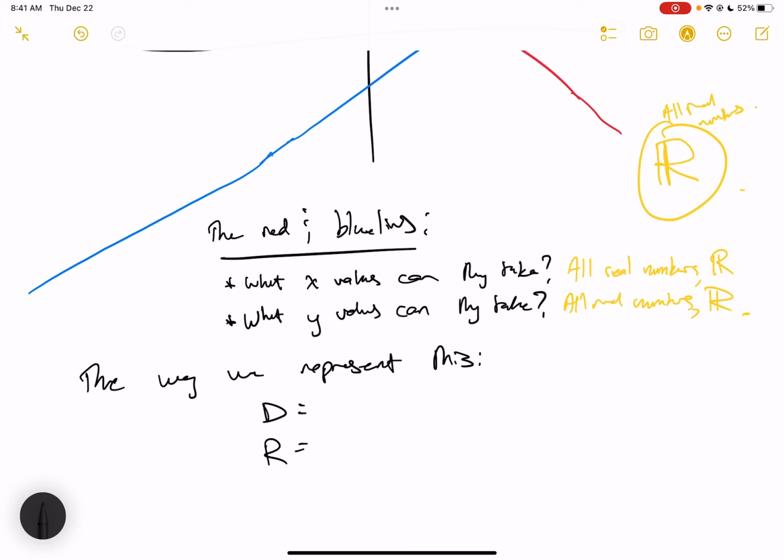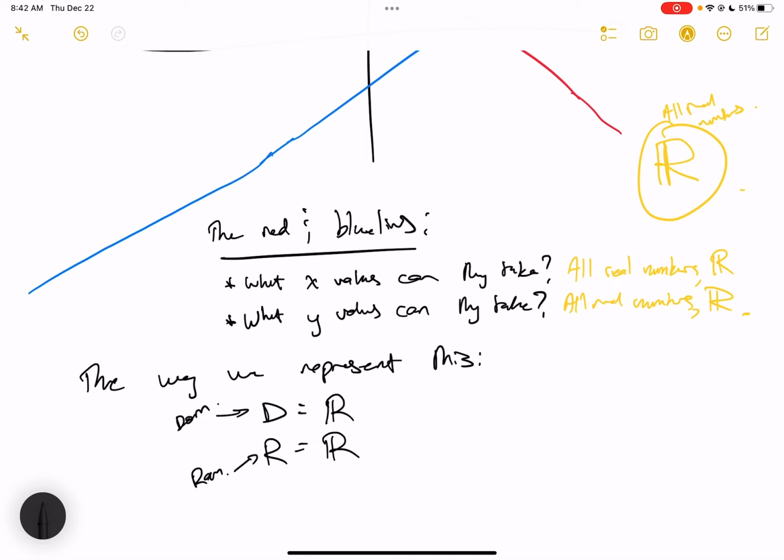So here, D is all real numbers, R is all real numbers. Remember that D is for the domain, R is for the range. And it's as simple as that whenever I ask you for domain and range. Just say that D equals whatever they are, and R is whatever numbers they are.